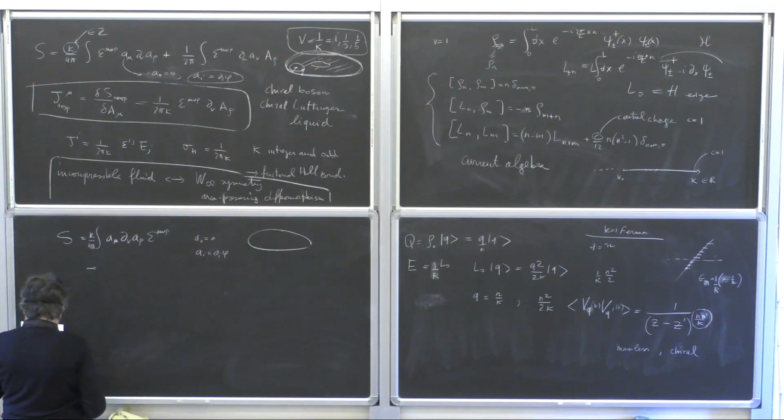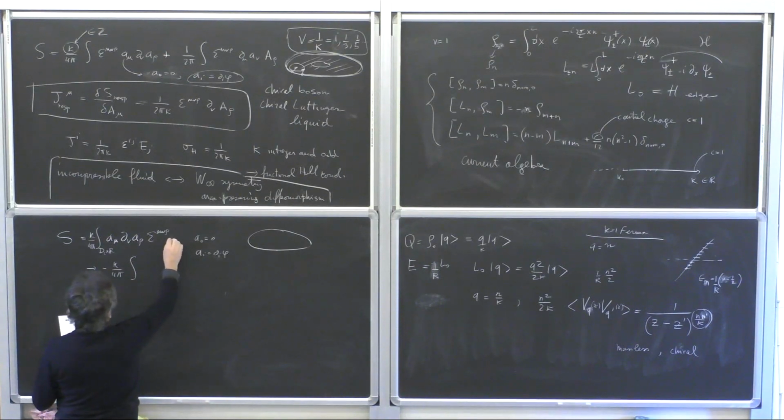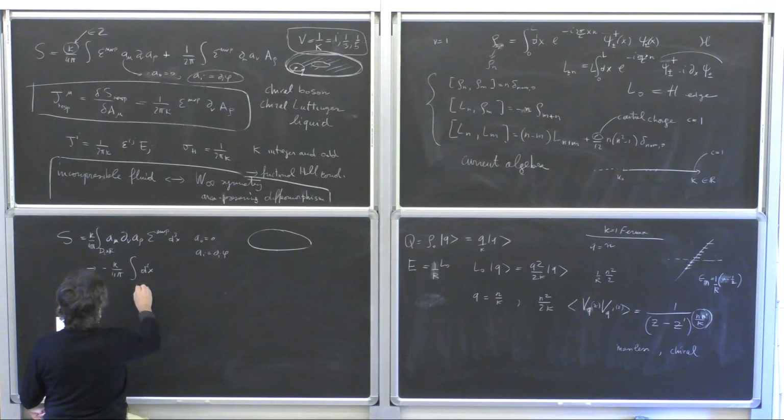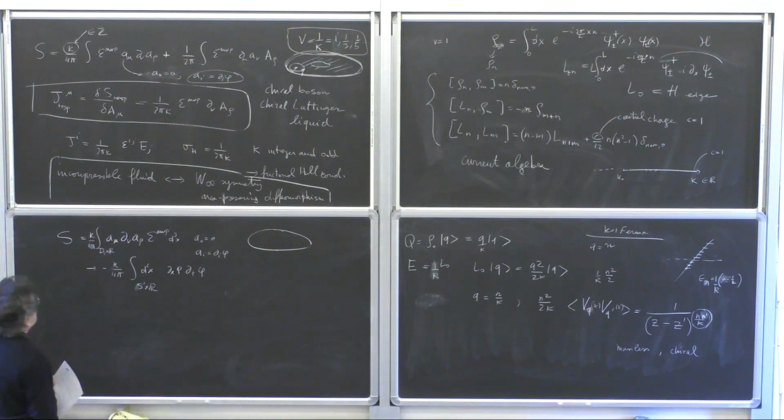And so this becomes, oh sorry, k over 4 pi, minus k over 4 pi, integral on the manifold, which is a disk D2 times the time R, d3x, becomes d2x on R, on the boundary S1 cross R, of d_x phi d_t phi, okay?